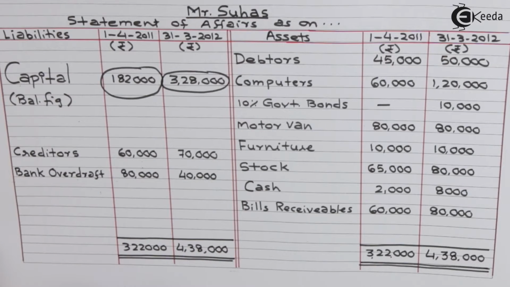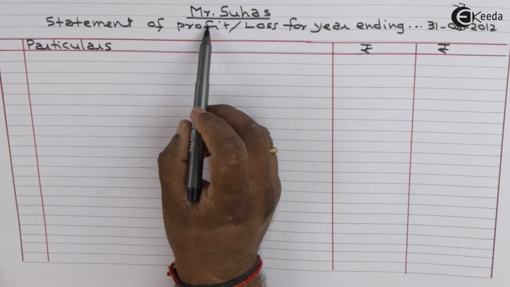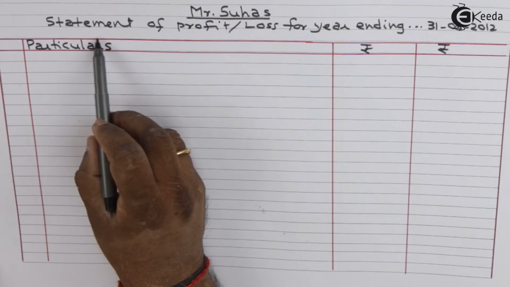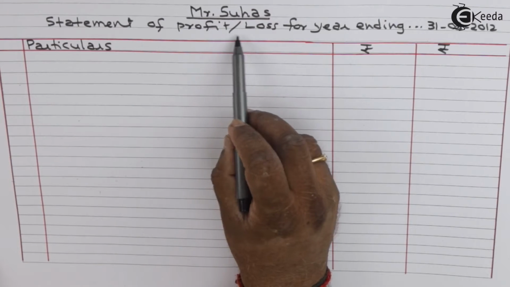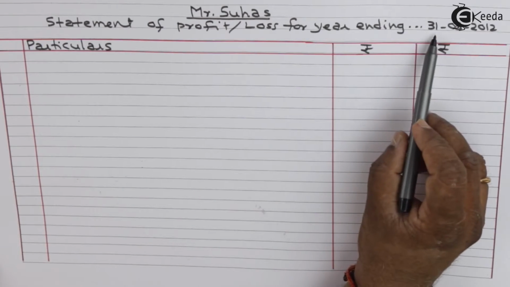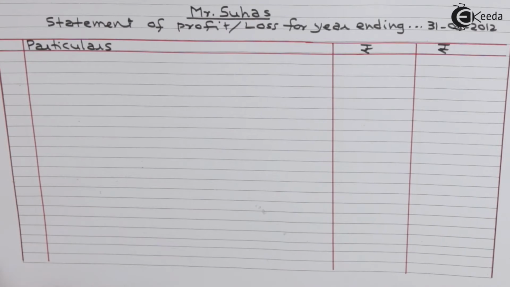Let us proceed to prepare the statement of profit and loss account. For Mr. Suhas, we are required to prepare the statement of profit or loss for the year ending 31st March 2012. We first start with closing capital as on the last date of the financial year.